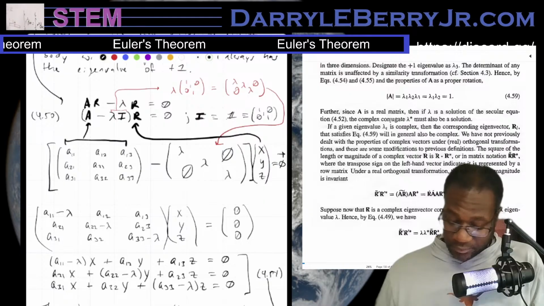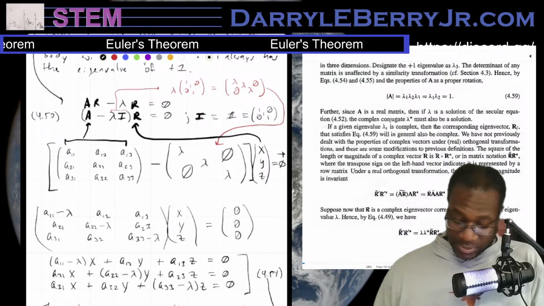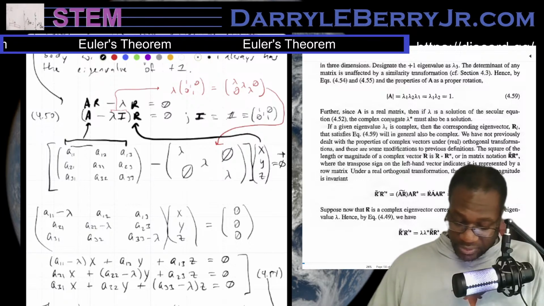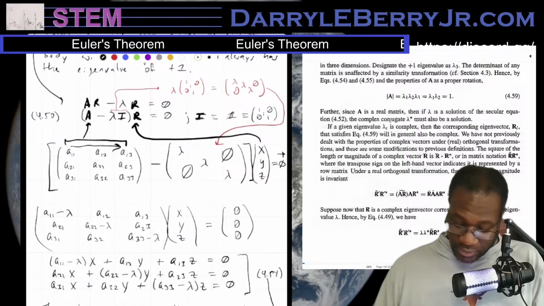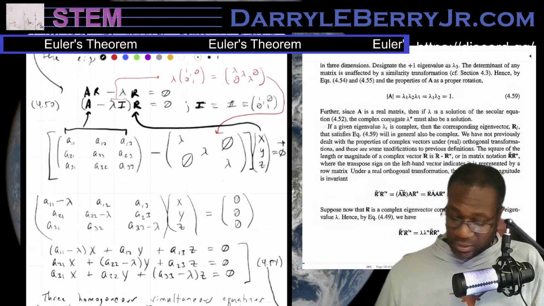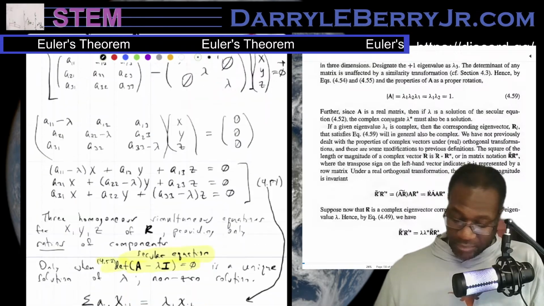The complex conjugate of A would be, instead of this first row going down like this, it ends up like this, and this one turns around sideways. That'll be the transpose one. And the complex conjugate, again, is just putting the negative on the imaginary part.